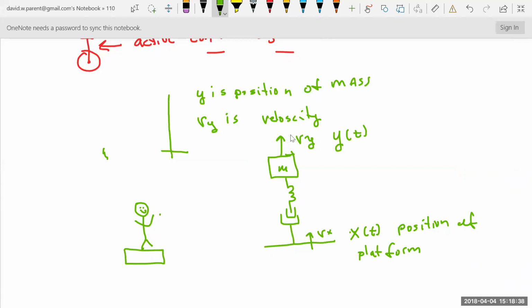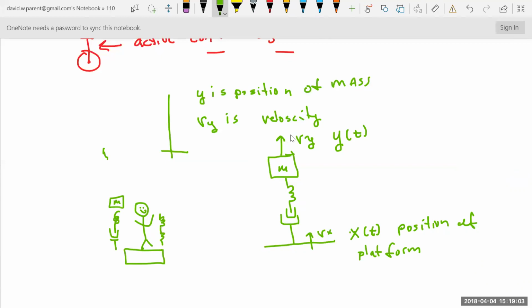I'm springy, but I'm also resistive. Let's say I'm modeling it like this, where the spring and the damper are in series. And then maybe my head or my whole body is the mass.